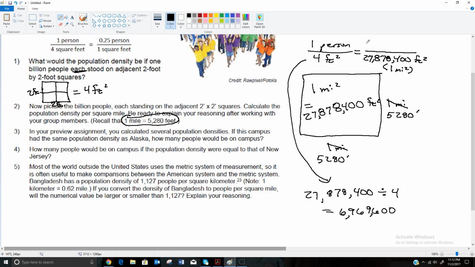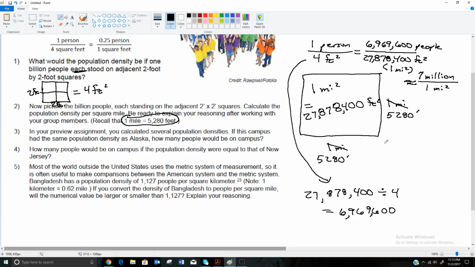So in other words, we would get 6,969,600 people per this many square feet, which is roughly 7 million, because 6,969,600 is fairly close to 7 million. So it's about 7 million people per 1 square mile.